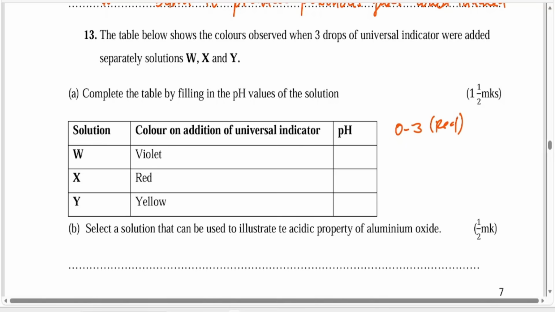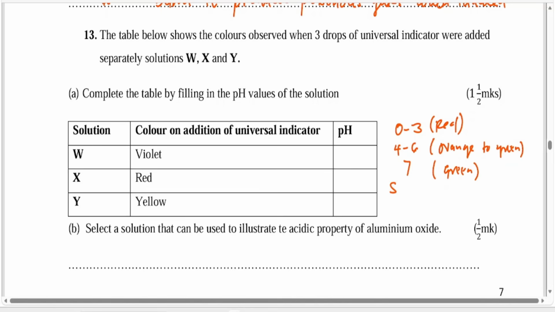If it reads a pH between 4 to 6, which is a weak acid, the color ranges from orange to green. If it's pH 7, which is neutral, the color is green.